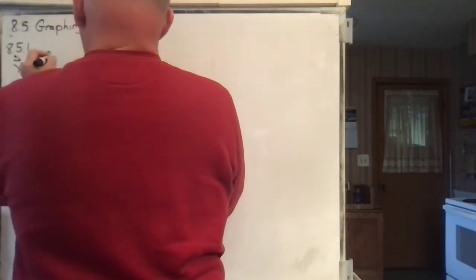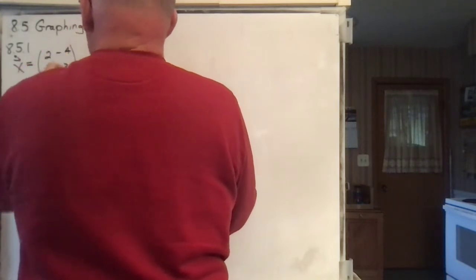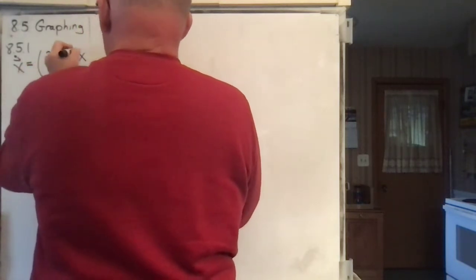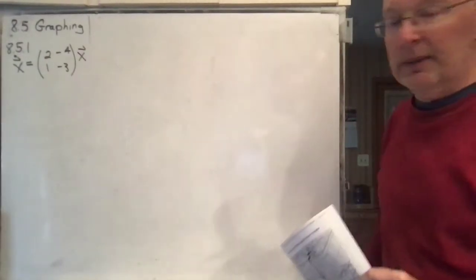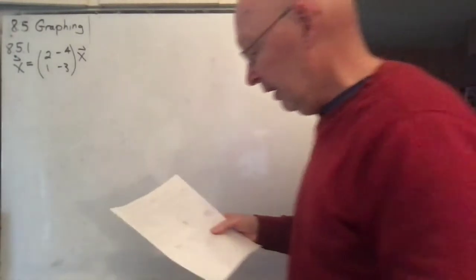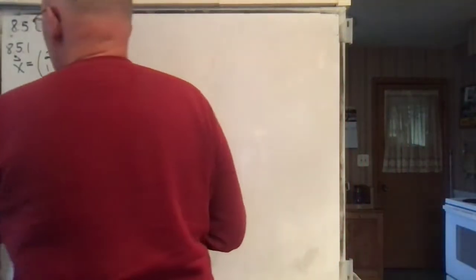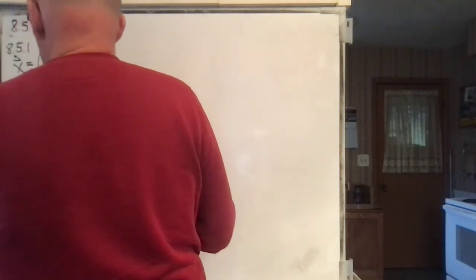2, -4, 1, -3 times x. And I'm not going to go through all the eigenvalues and eigenvectors each time, because I'm assuming you know how to do that. In this case, here's the general answer. The general solution is going to be like this.